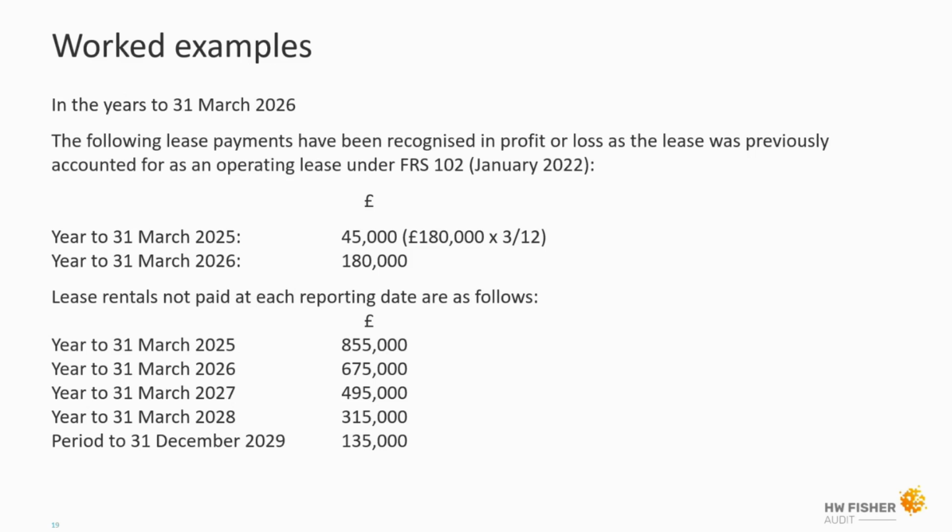As at 31st of March 2026, we've got £675,000 that has not been paid yet. So that at your 31st of March 2026 is again going to be split in your operating lease note. We've got 180,000 that's going through, and we've then run through the other years of what we've got left outstanding. So as at 31st of March 2026, you still have your operating lease as per normal.